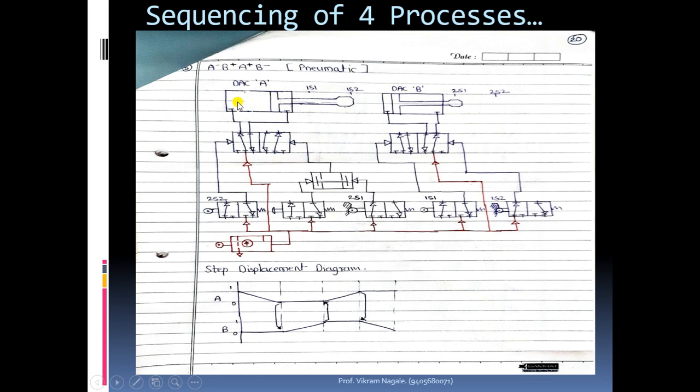So rod end, जो इथे पिस्टन जो इथे गेलेला असेल, that will start moving towards right side and the rod end will obviously come towards 1s2. Now see here, जेव्हा rod end, जेव्हा A plus process start होईल third process, and whenever this rod end leaves 1s1 position and whenever it is moving towards 1s2, then what will happen, हा 1s1 limit switch unpress होईल.